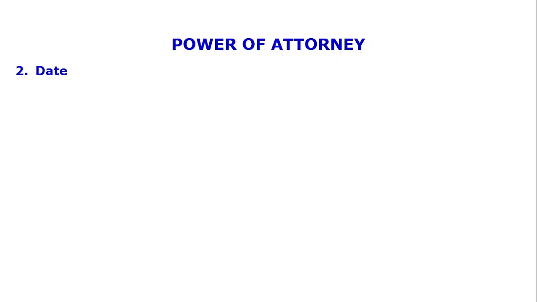So the date clause is very important to a power of attorney because it will help us establish the commencement of authority, such that if a third party is dealing with the donee, the third party is not skeptical or confused as to when exactly the donor authorized the donee to start to act on his behalf.